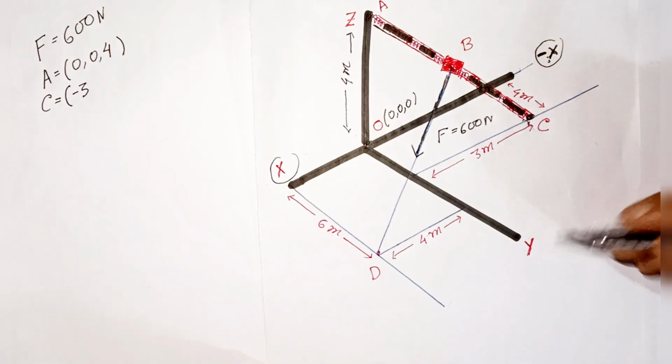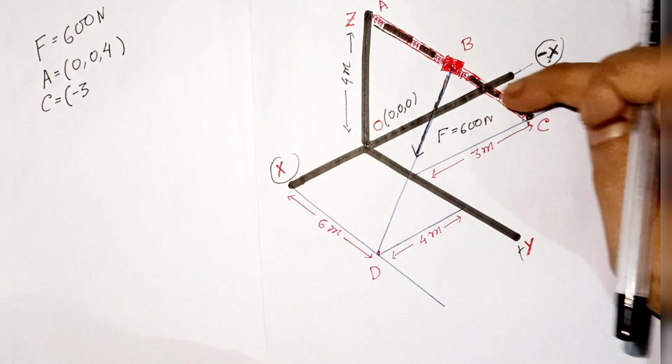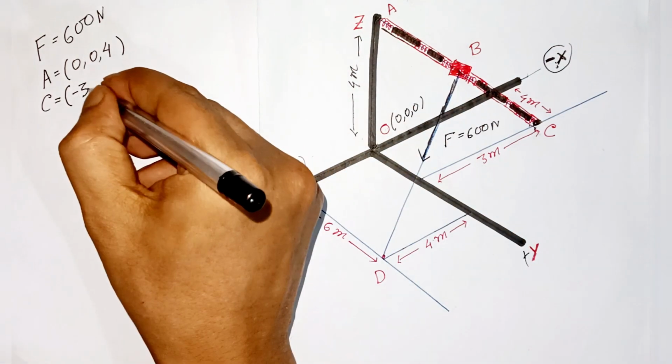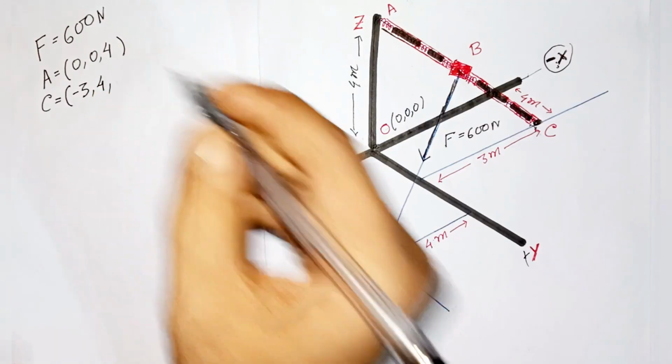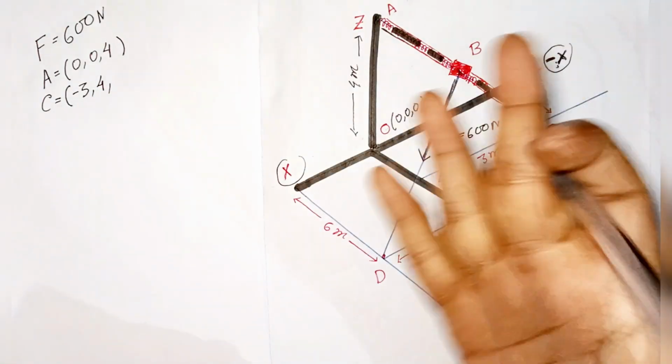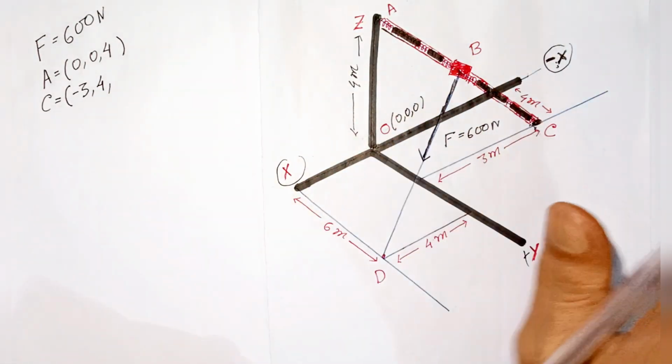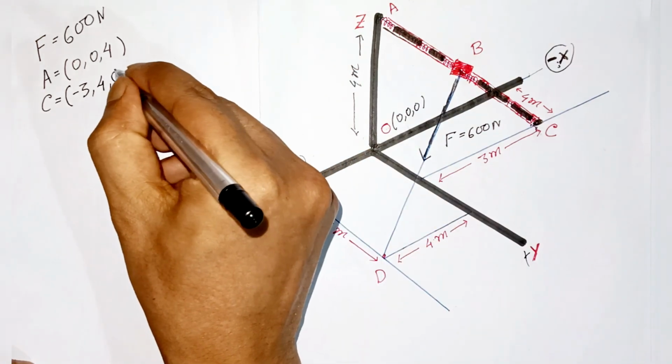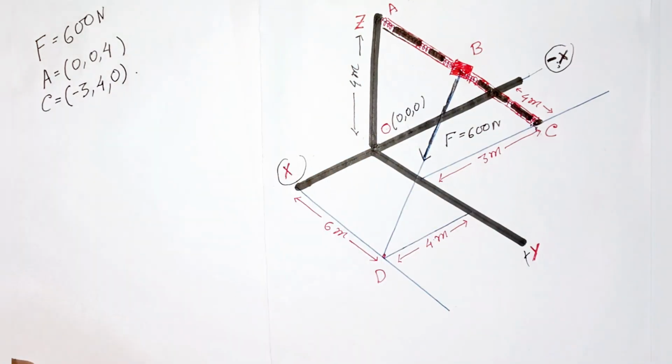Y displacement is 4 along the positive y axis. So minus 3, comma, 4. C is plane on the page, no height, so height is 0. This is the coordinate of C.